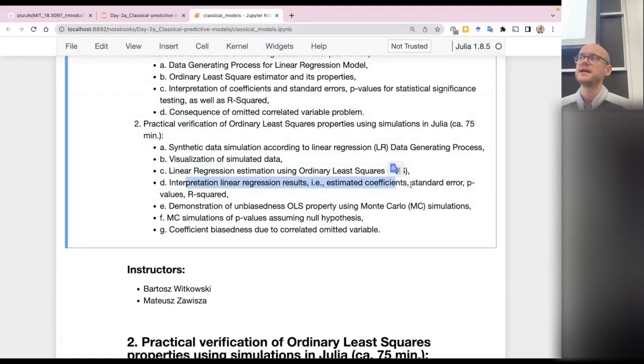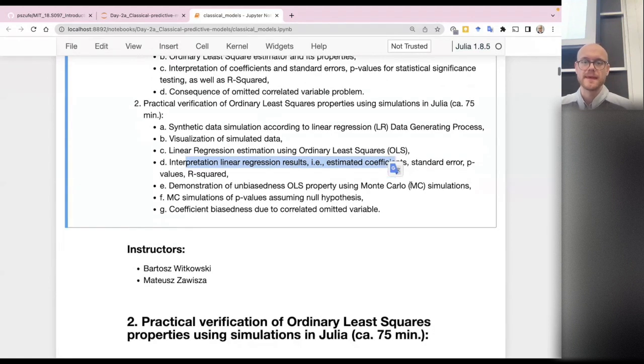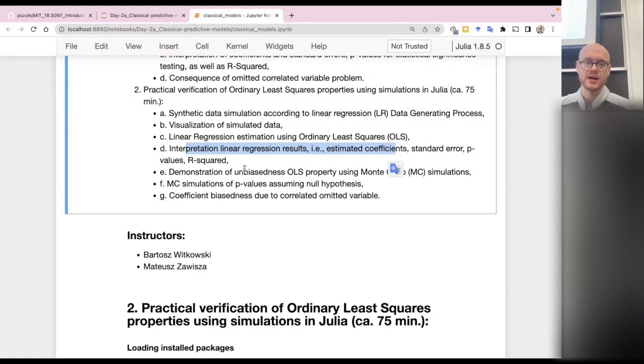And then we will repeat this estimation step 100,000 times, which is the so-called Monte Carlo simulation, and we will be able to demonstrate the statistical property called unbiasedness, and it will also be easier for you to interpret the linear regression results having seen these simulations.